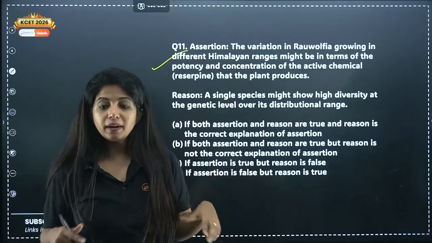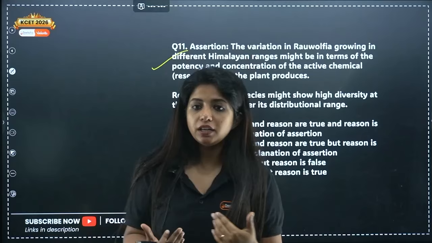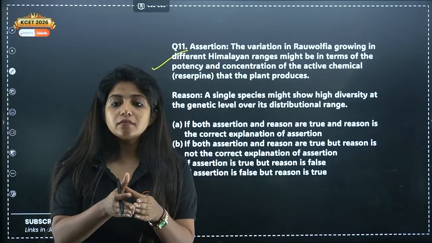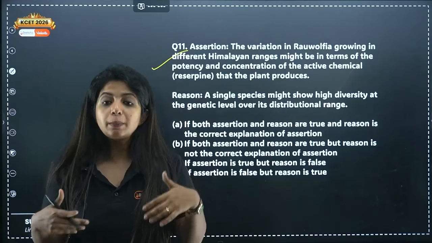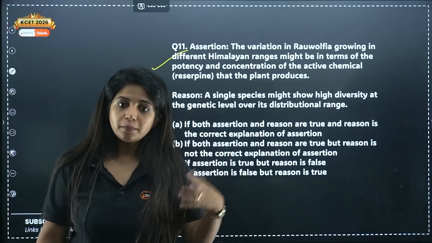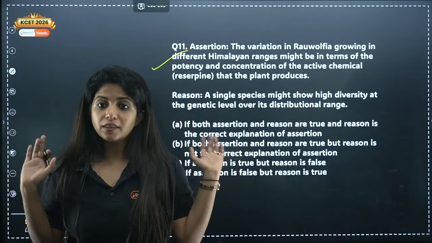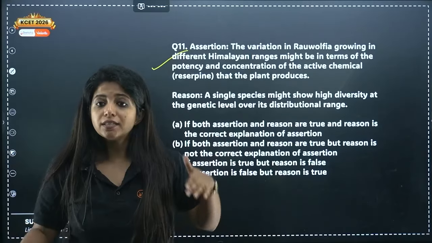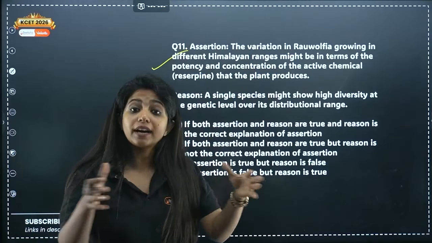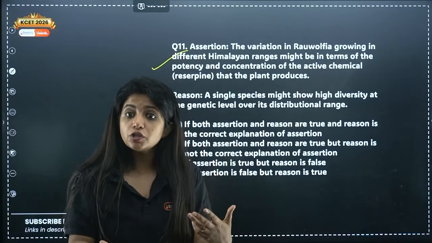So at the genetic level, they are diverse, which is why you have diverse production. For example, rice, you have multiple varieties of rice, basmati rice, this rice, that rice, everything, right? So this is genetic: a single species is there, different varieties are there. Similarly, talking about Rauwolfia, you have different varieties of Rauwolfia producing different concentrations of active chemical.